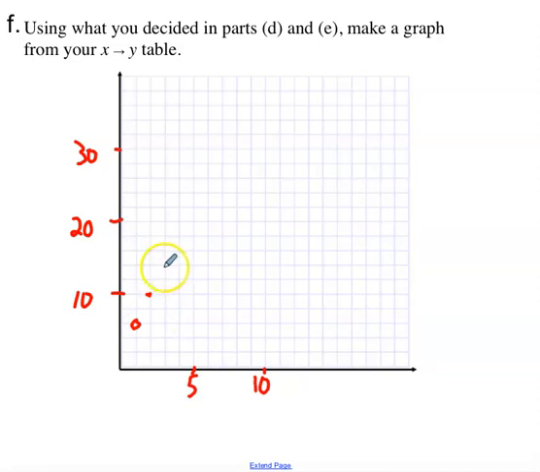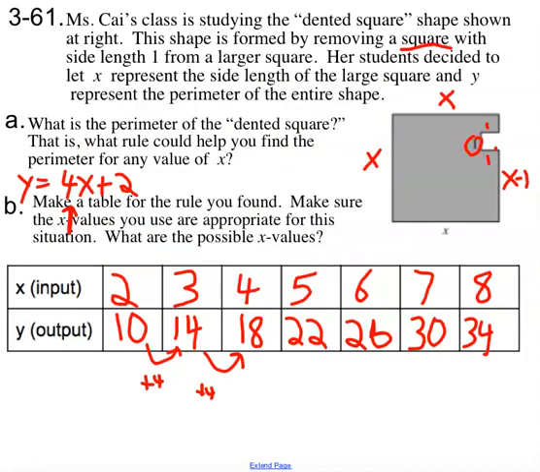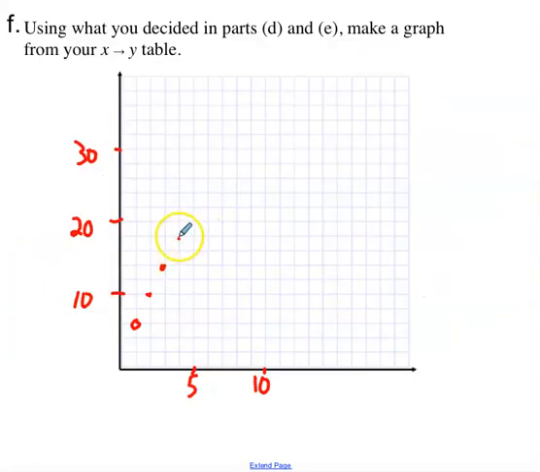My 3 is going to be 14. My 4 is going to be what? 18. And we can go back and double check. You can look back here if you need to. But my 4 is going to be 18. And then it's going to go up to 22 for 5. And then 6 is going to go up to 26.